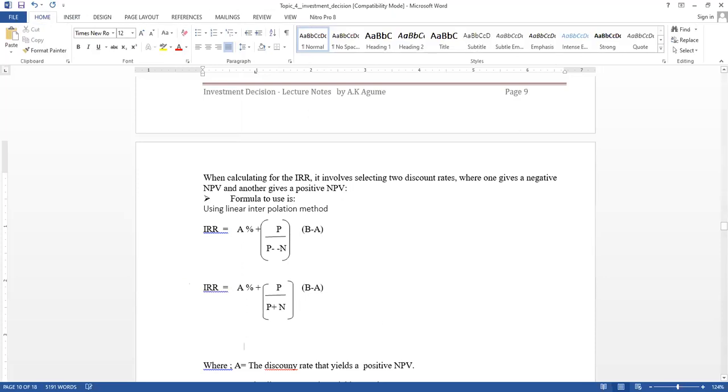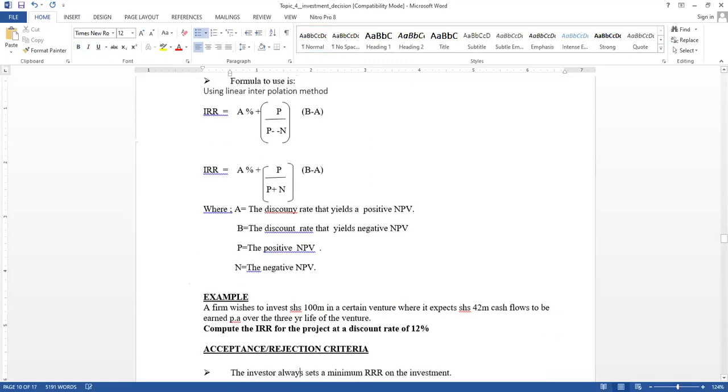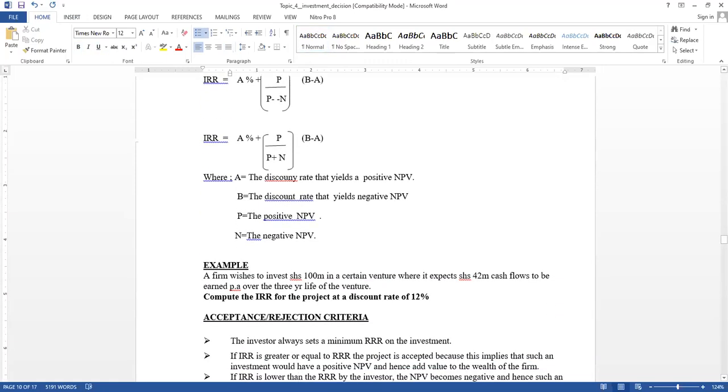Now, there is an example here. They are saying that a firm wishes to invest 100 million in a certain venture, where it expects cash flows of 42 million to be earned per annum over the 3-year life of the venture.